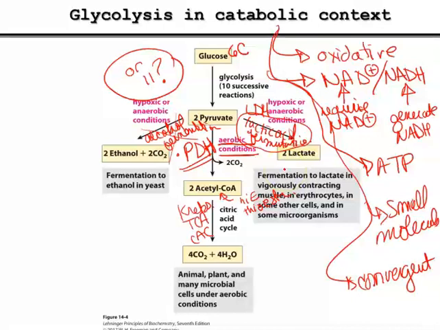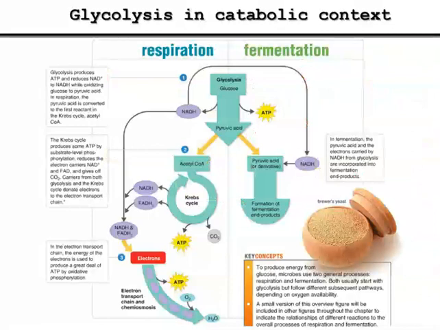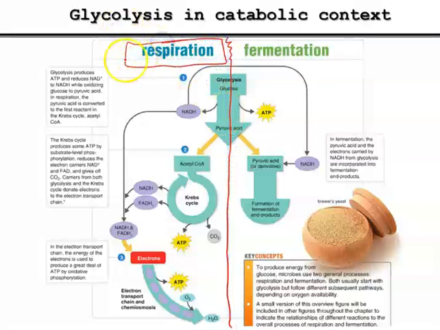Okay, so going on. If we look at the differences here between respiration and fermentation, it's very clear. Respiration involves running of the electron transport chain, and in aerobic respiration, molecular oxygen serves as the terminal electron acceptor.